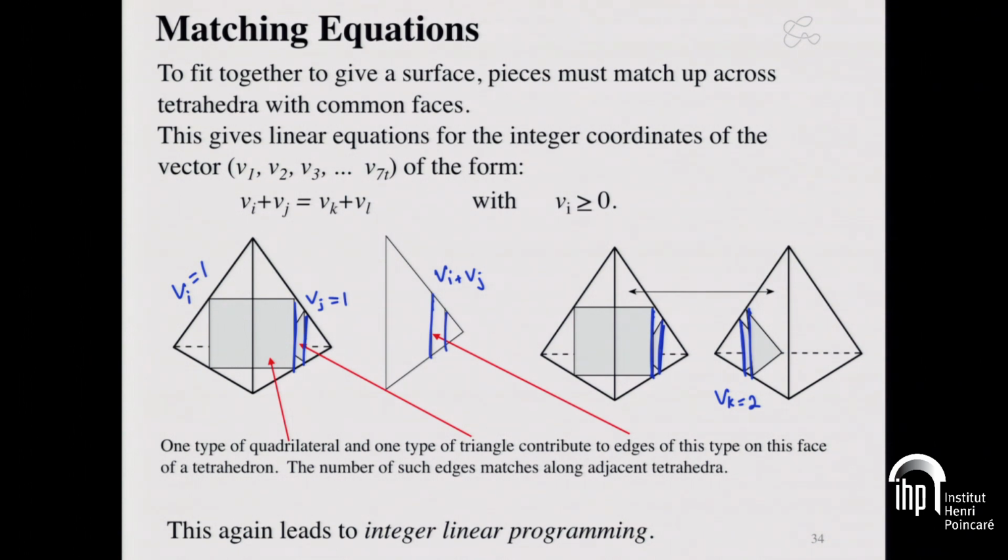From the tetrahedron on the right, we also have 2 triangles with that type of edge. And when you glue together that face, those will close up and not leave any dangling boundary. So the kind of equations that gives is exactly the same as before. It's Vi plus Vj equals Vk plus Vl. Linear equations of a very simple type.